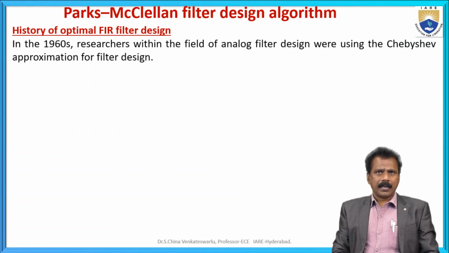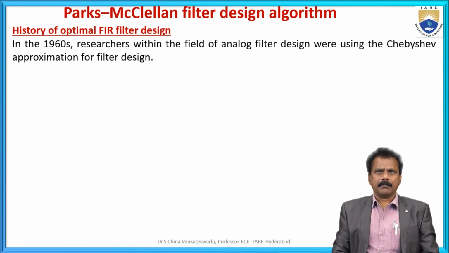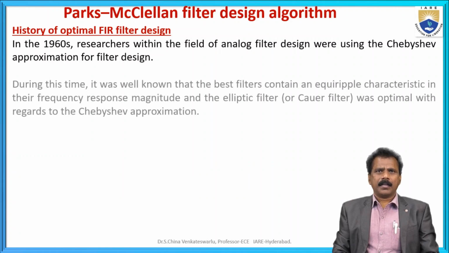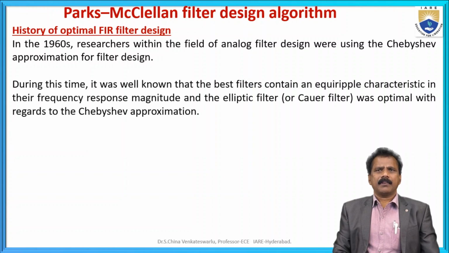In the 1960s, researchers within the field of analog design were using the Chebyshev approximation for filter design. During this time, it was well known that the best filters contain an equiripple characteristic in their frequency response.